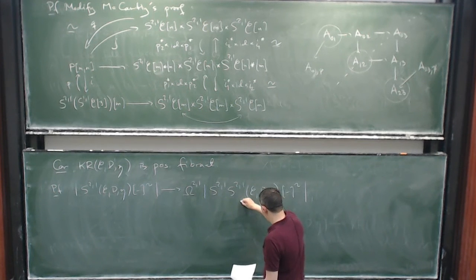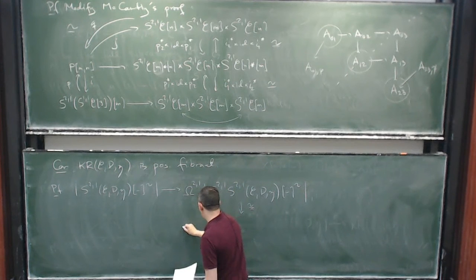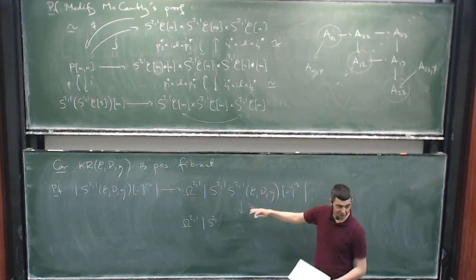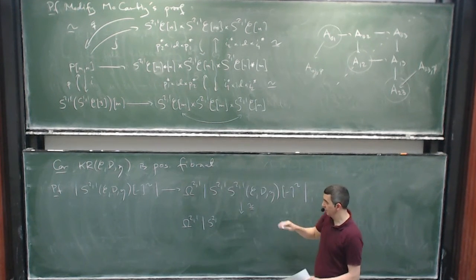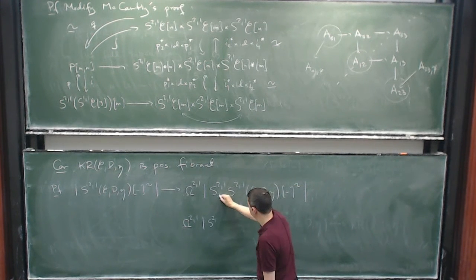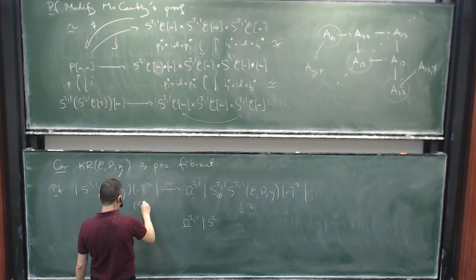First, here I'm going to flip these two. Actually, let me say instead what we know. We know that if we put plus here, then this is a weak equivalence by Shimakawa.